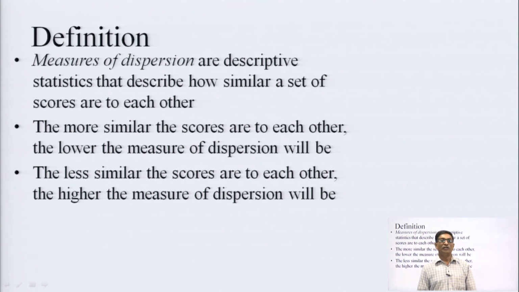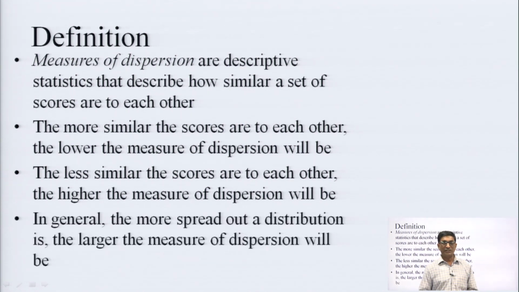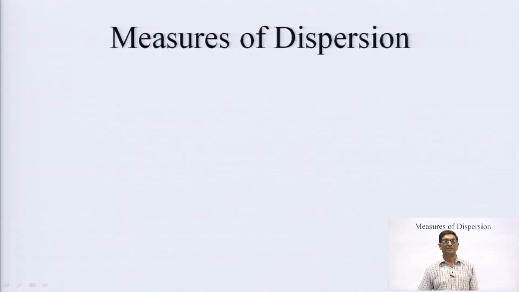So, if our data is not uniform, then we say it has dispersion. The lack of uniformity is known as dispersion. In general, the more spread out a distribution is, the larger the measure of dispersion will be. That means, if the data has more variation or more spread, then the measure of dispersion will be large.